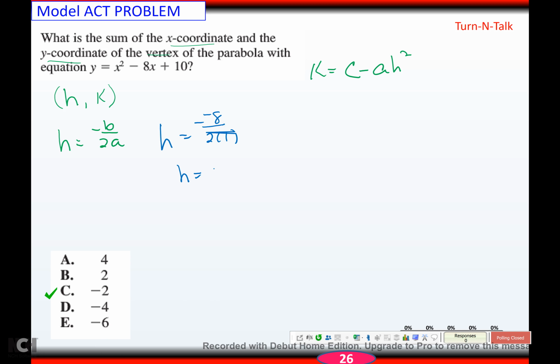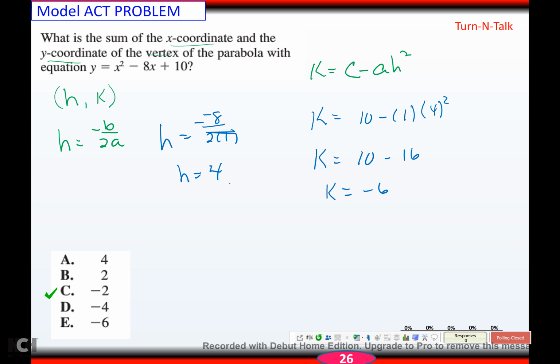That's 8 divided by 2, which is 4. My k is my c, which is 10, minus my a, which is 1, times h, which I got was 4, squared. So that gives me 10 minus 16, and that gives me negative 6.